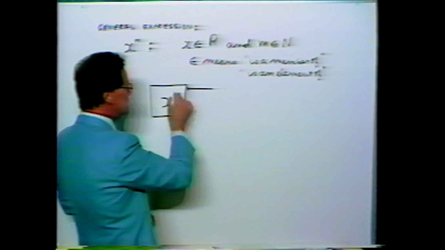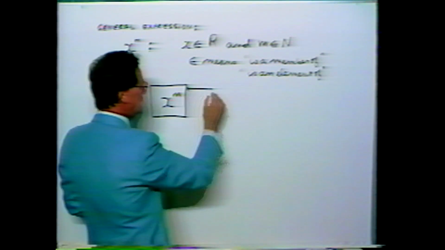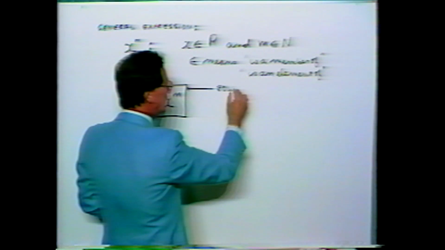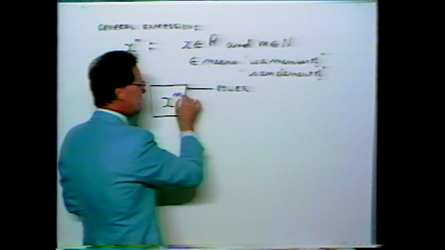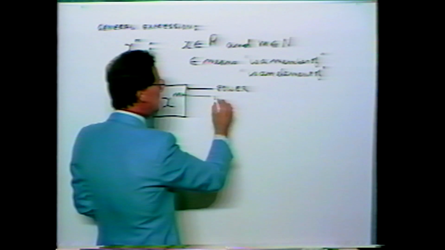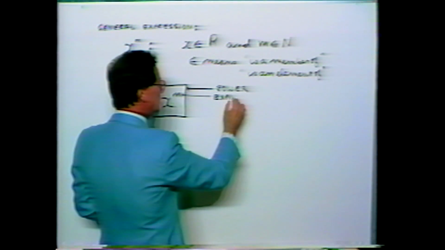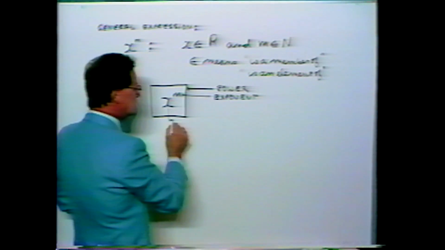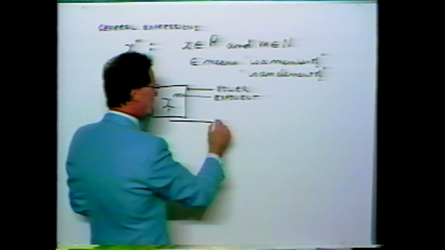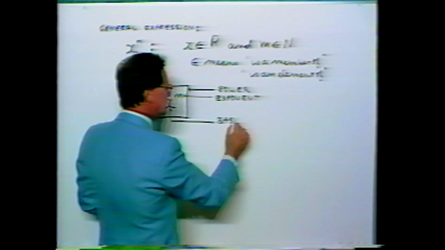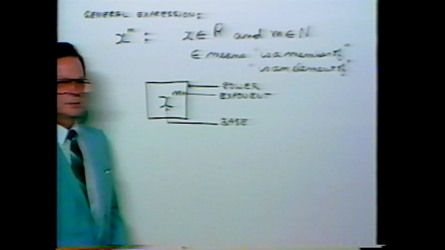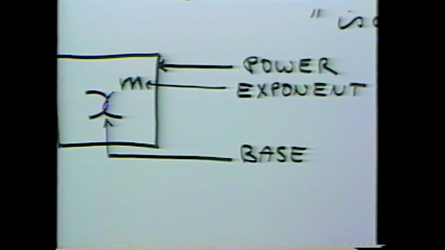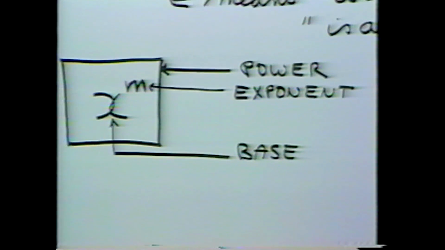What I have enclosed in this box then is referred to as a power. m, as I've already explained, is the exponent, and x is called the base of the power. Here are some worked examples.